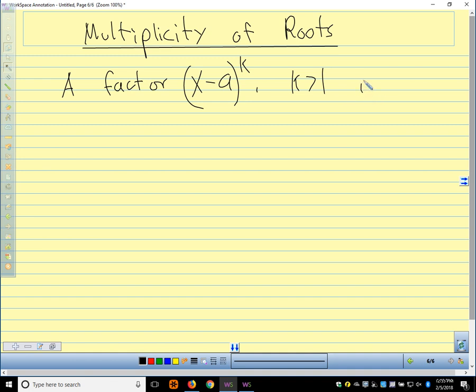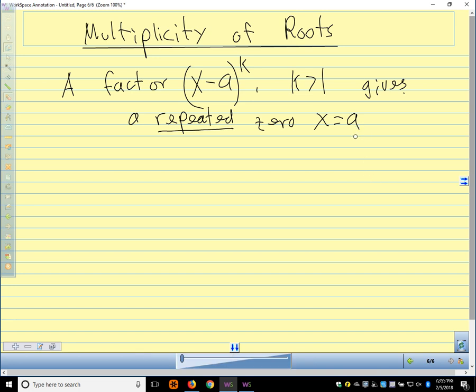We call it a repeated zero. X equals a. And the reason we say it's repeated is because we can write this x minus a times x minus a times x minus a. So we get those things repeated.